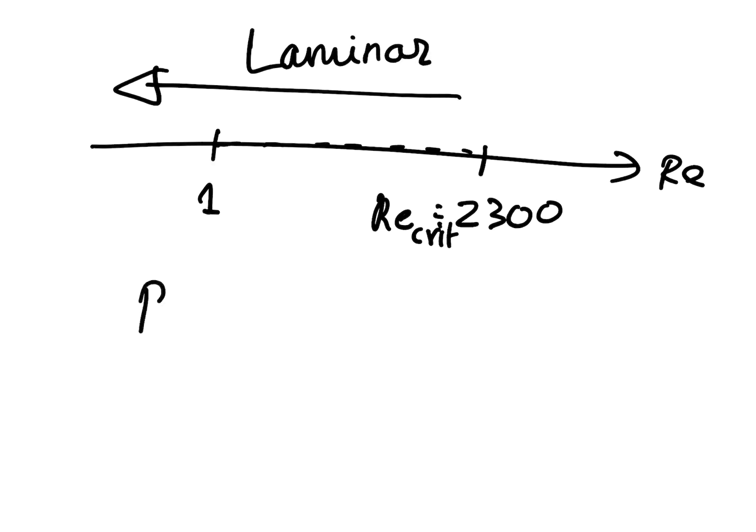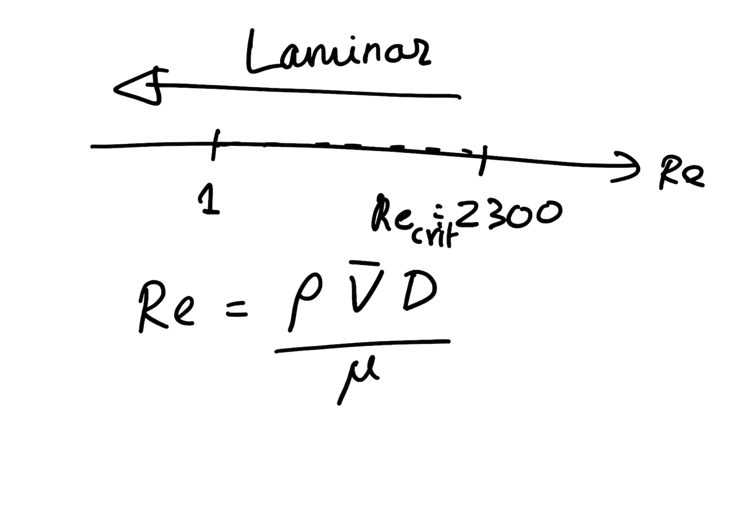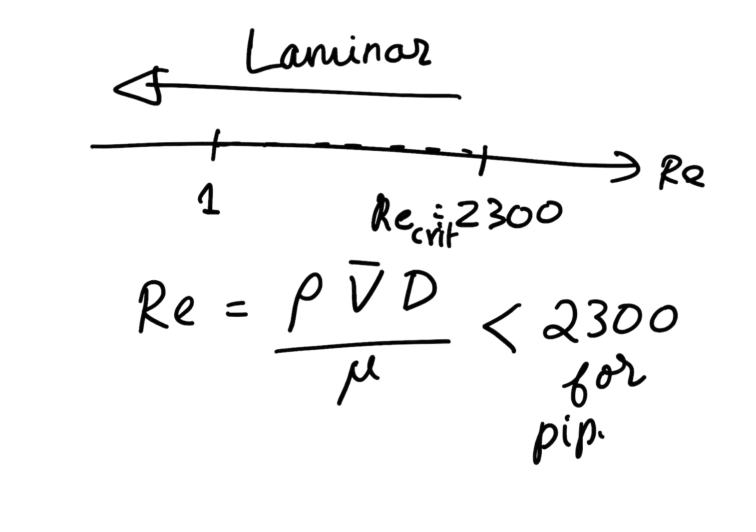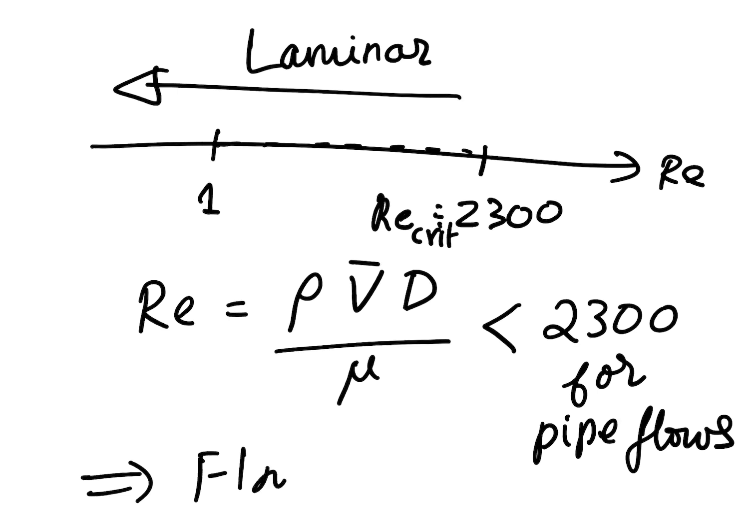That is based on the density, velocity, diameter, and viscosity of the fluid. If the Reynolds number is less than 2300 for pipe flows, then the flow is strictly laminar, always.